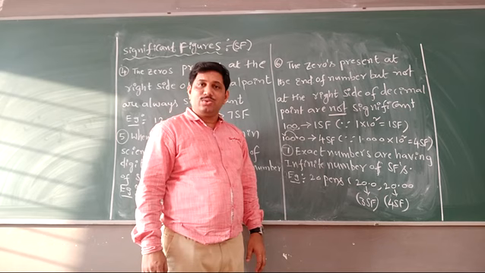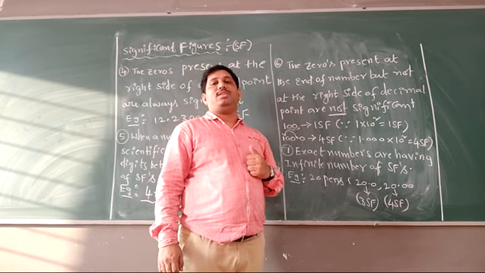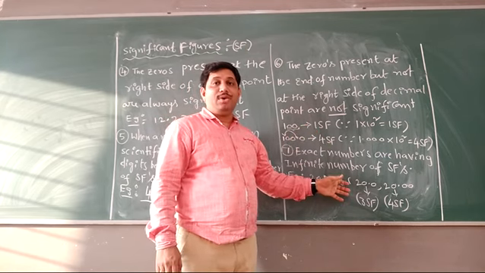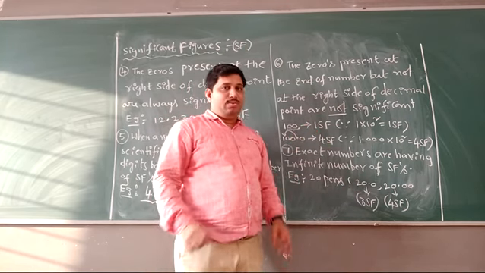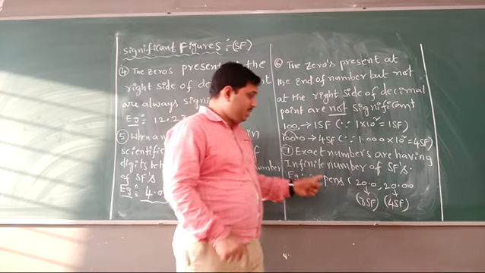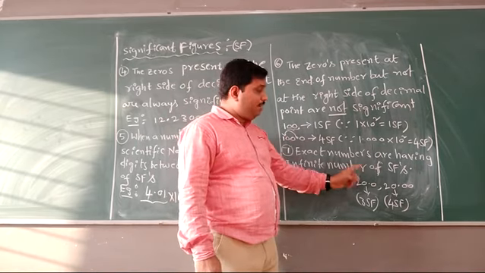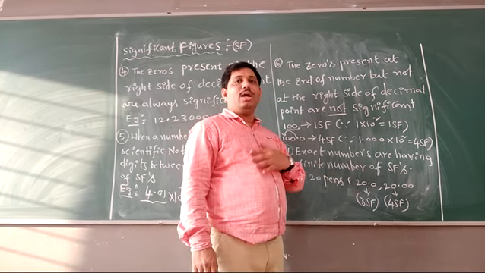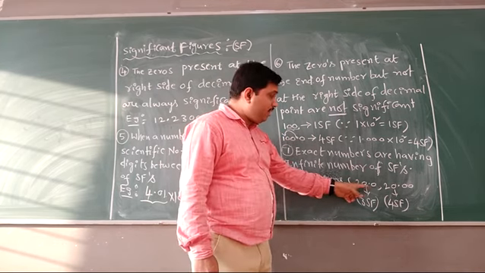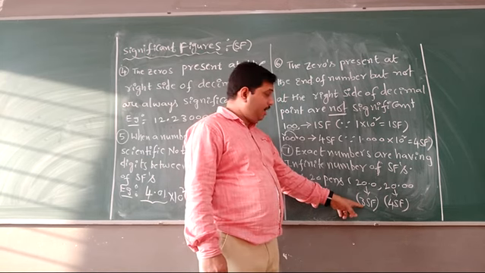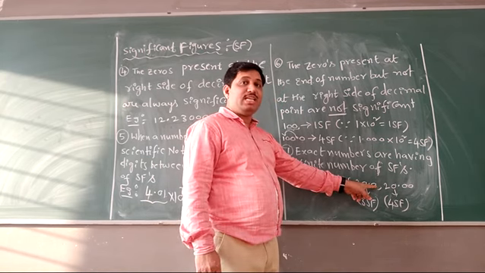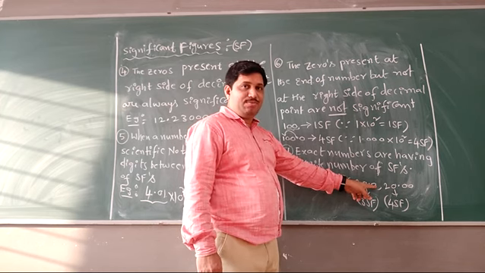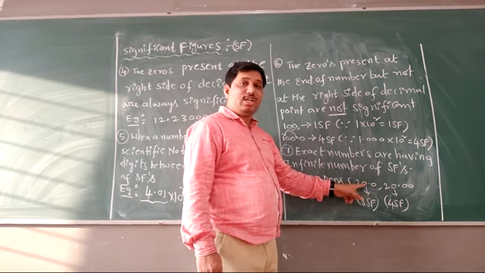It is not 1, 2, 3. Many significant figures are present, to indicate that exact numbers are having infinite number of significant figures. Why are they having infinite? Because this 20 can be written as 20.0, again 20.00, again 20.000. Like this you can write. 20.0 means 3 SFs. Why? Because the zeros present after the decimal point are significant, and this 20 is also significant.